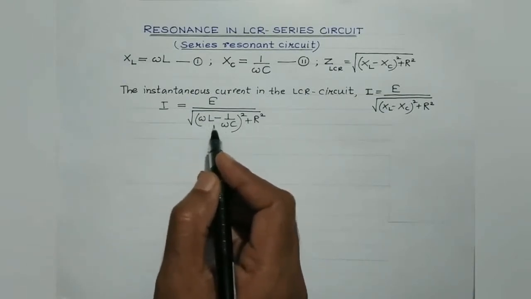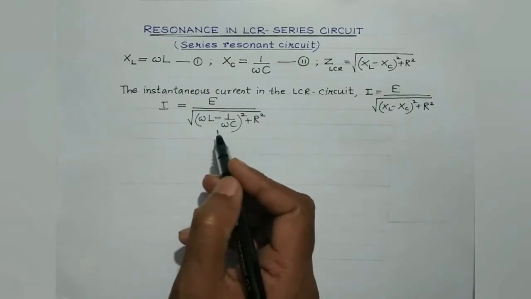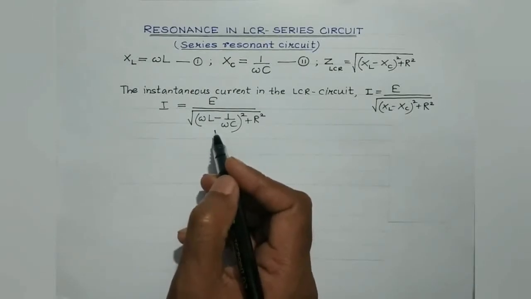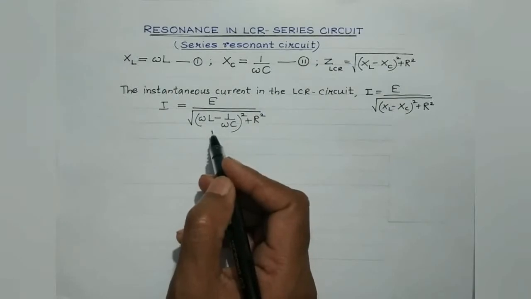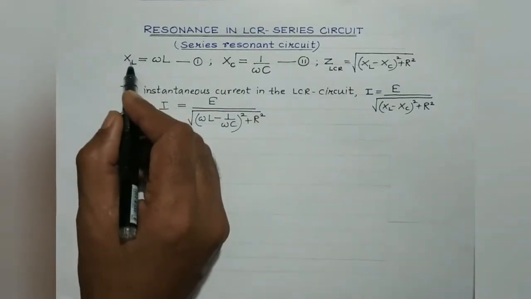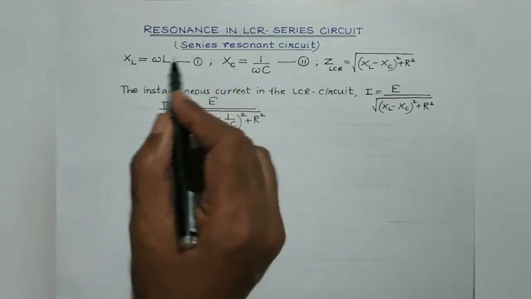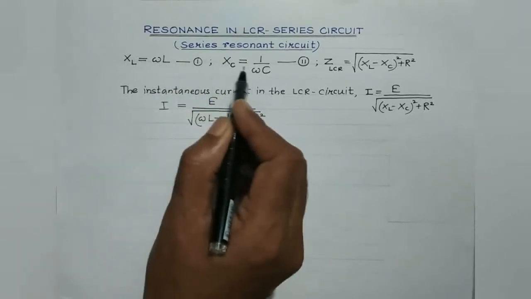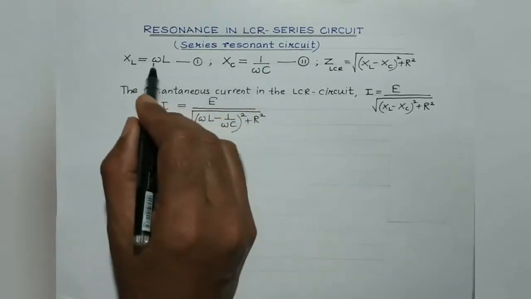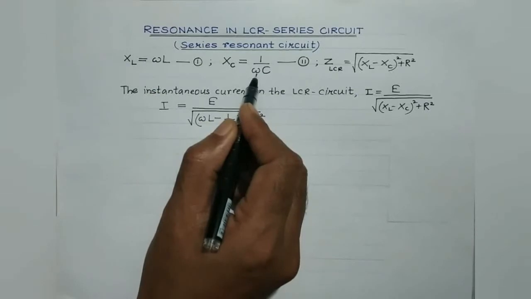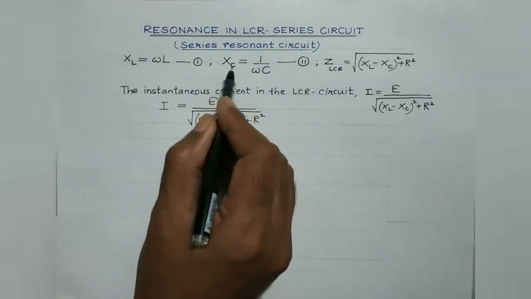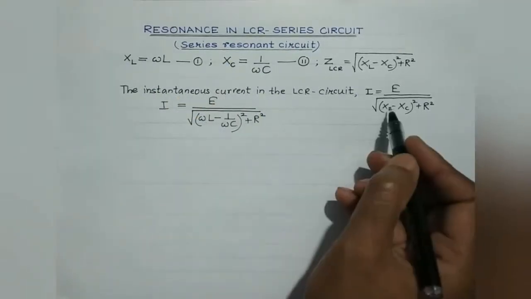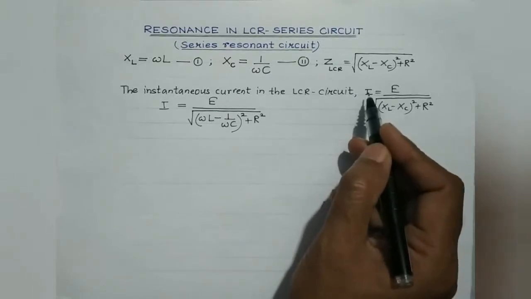It is because the values of inductive and capacitive reactances change with the change in the angular frequency. Both depend upon omega, the angular frequency. Thus, with the change in the angular frequency of the AC source, XL and XC will change. So with the change in the value of XL and XC, the current through the LCR circuit will also change.